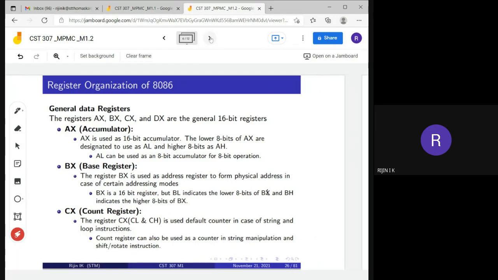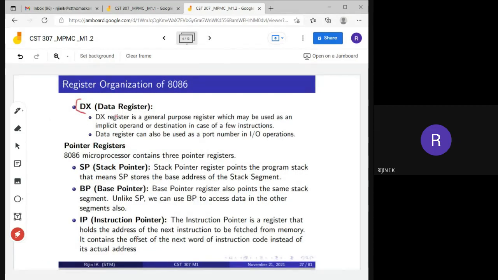Then the next one is the DX register, that is the data register. This DX register is a general purpose register which may be used as an implicit operand or destination in case of a few instructions. That means DX is used as a destination register to store the result.